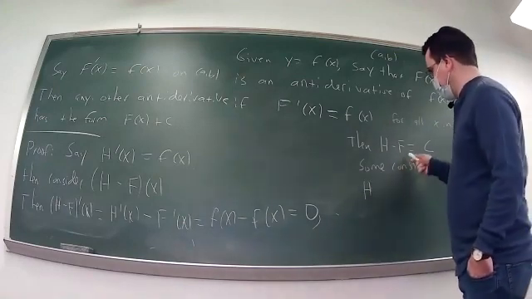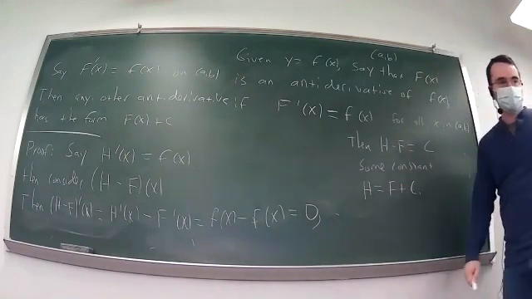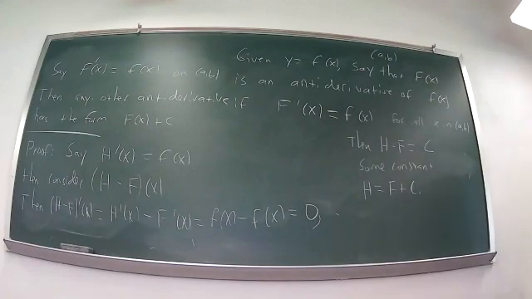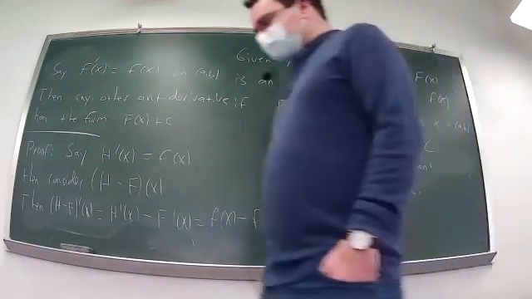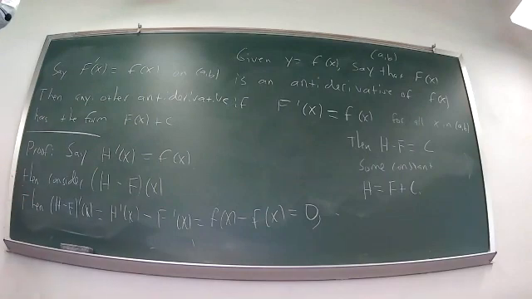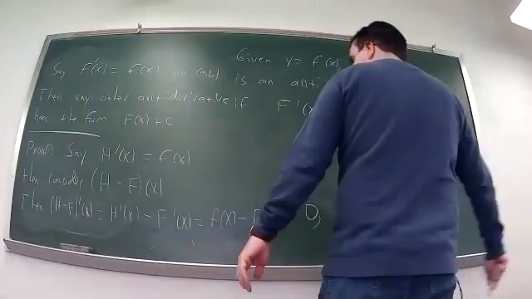Bringing F to the other side tells you that h has to be F plus c. So the only possible way you could get two different antiderivatives of the same function is if they differ by a constant, or that is to say, if one of them is the other function plus a constant.